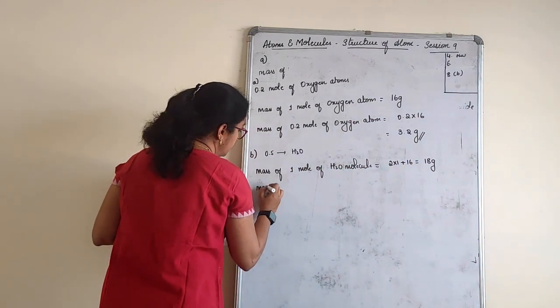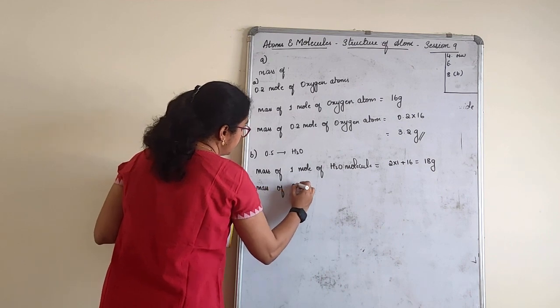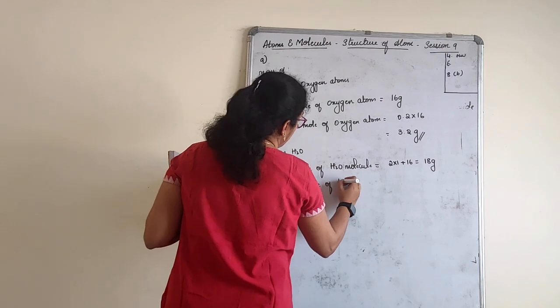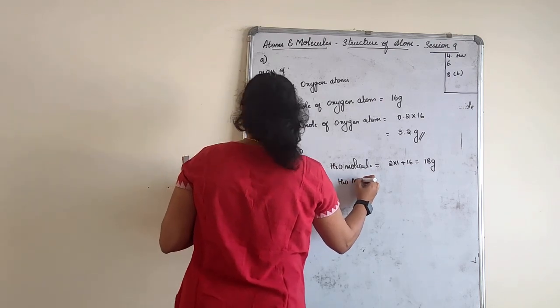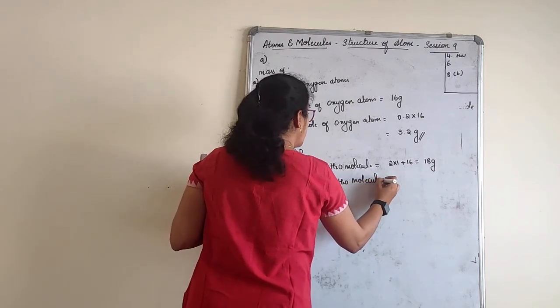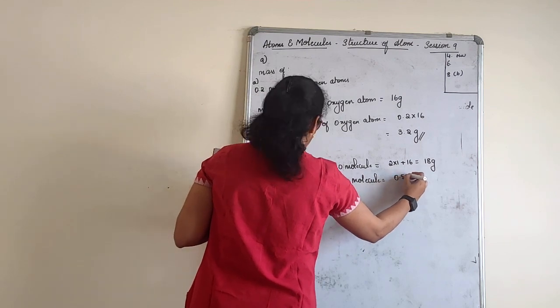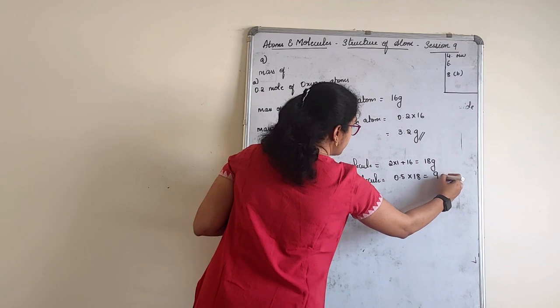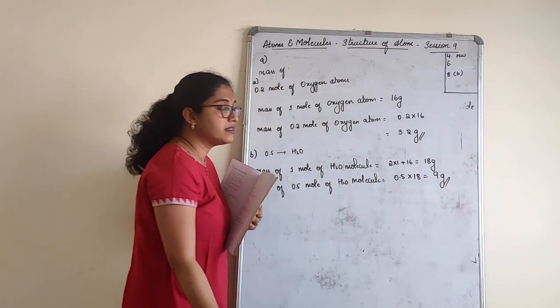Therefore, mass of 0.5 mole of H2O molecule is equal to 0.5 into 18. After 1 decimal, 9 grams is the answer.